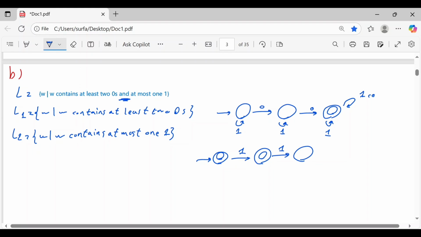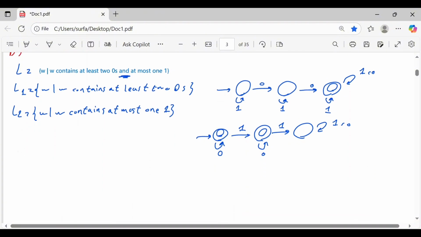So it will become like this, and after this condition, for any other state, like having 3 ones, 4 ones, 5 ones, or something like that, we can't accept any of these strings. So we will stay there like this, and in this language the number of zeros doesn't matter for us. So if you want to define the arrows for these zeros, it will become like this. And this is the DFA for language L2.